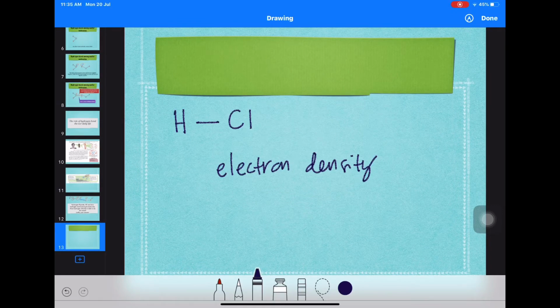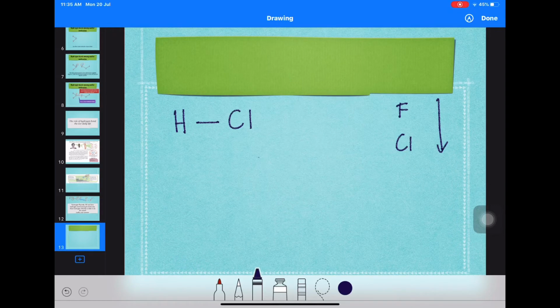Electron density means the probability for the electron to be found in a certain place in the atom. So, what is the difference between chlorine and fluorine? As we know, fluorine is just above chlorine in the periodic table. As we go down the group, the atomic size will increase. So, the chlorine atom is larger than the fluorine atom.